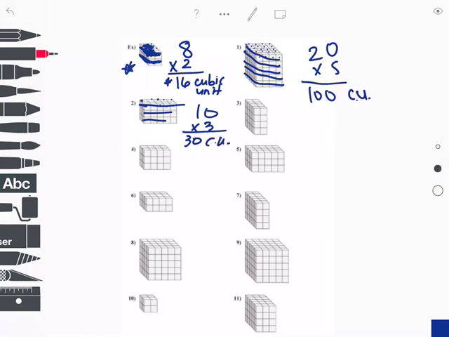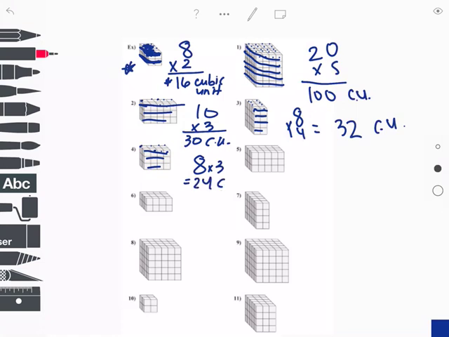Same thing for this one. Counting the top, 1, 2, 3, 4, 5, 6, 7, 8. And we'll do 8 times, this is 1, 2, 3, 4 rows, 32 cubic units. For number 4, the amount of cubic units on top is 1, 2, 3, 4, 5, 6, 7, 8. And we have 1, 2, 3 rows.